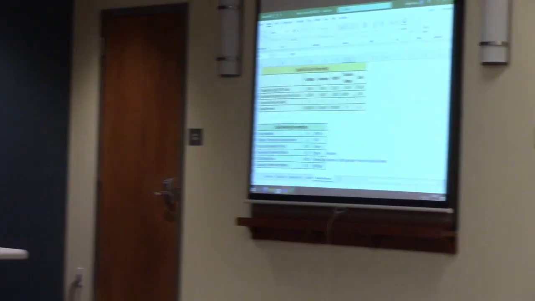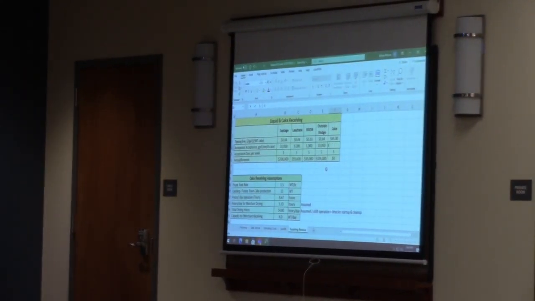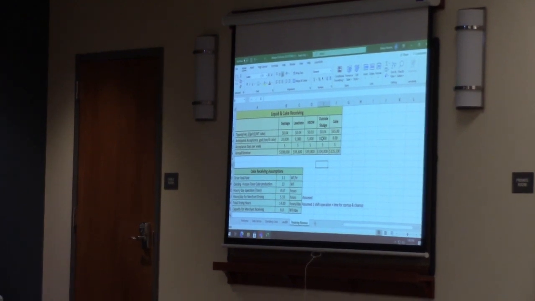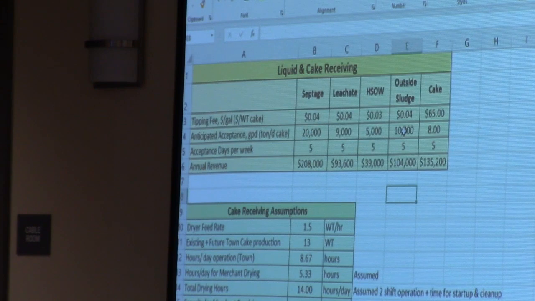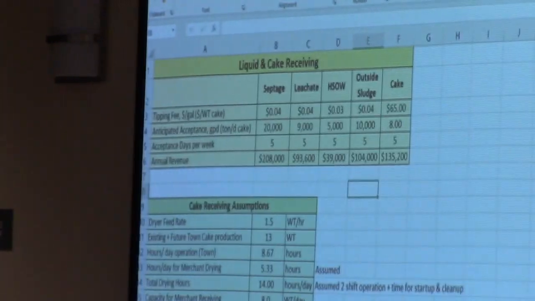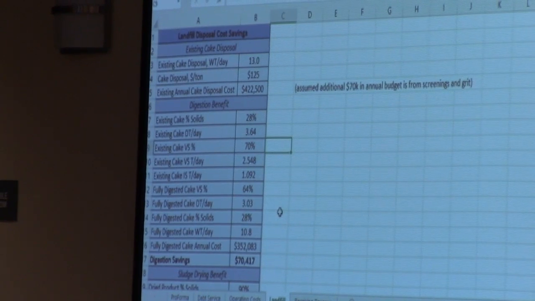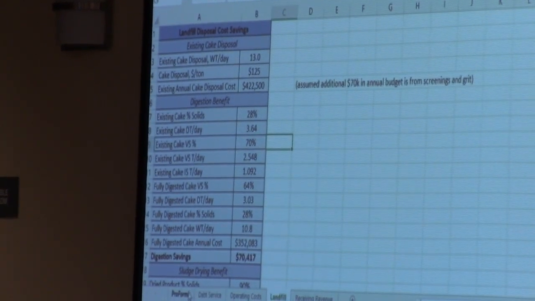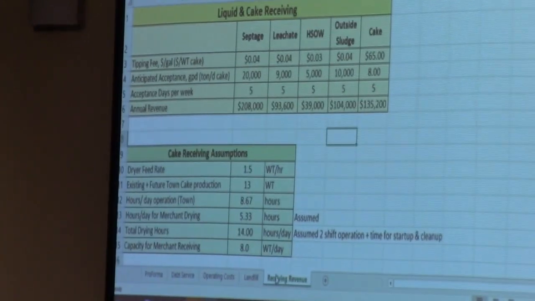Anything else on any of the tabs? We can play with these any way we want. Do you want to push some numbers around any other way?